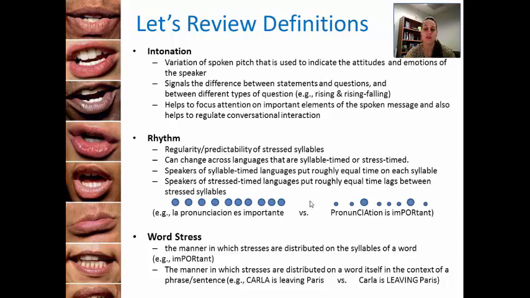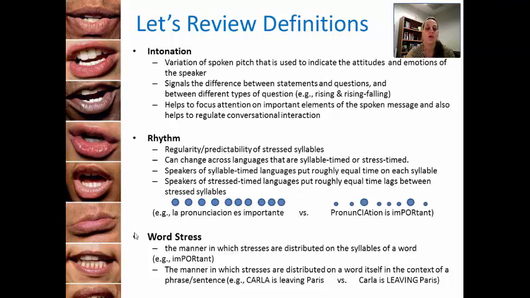This is very different in English, where we have multi-syllable words, where one syllable of those words is going to get more stress. So listen to this. Pronunciation is important. So notice, hopefully you could hear that one syllable of each of those multi-syllabic words was stressed.